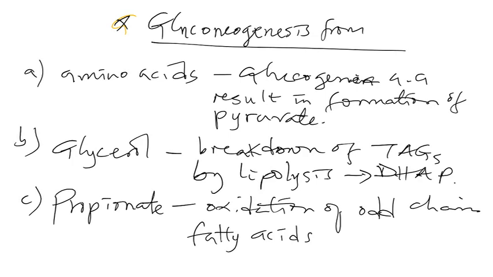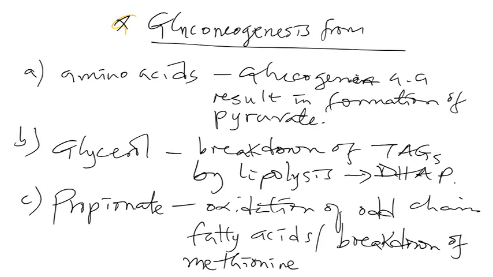So this can also be used. Propionate can also come from the breakdown of the amino acid methionine, and also isoleucine. So these also can result, when they are broken down, in propionate.